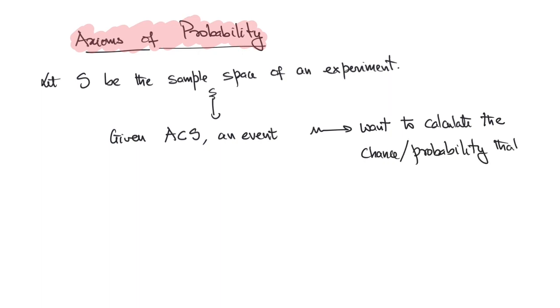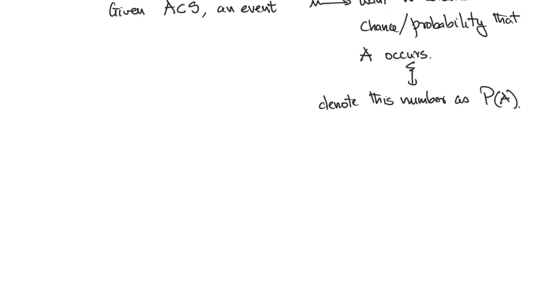So we would denote this number by the symbol P of A, or we call it the probability of A. Note that P is a function whose domain is the set of all events corresponding to a sample space that corresponds to an experiment. We now specify the axioms for the probability function P.